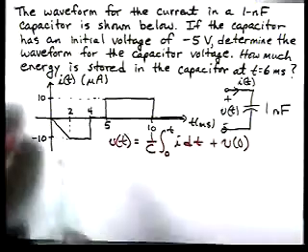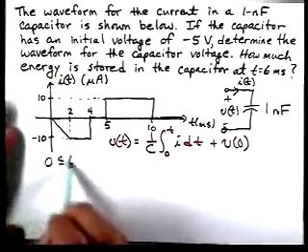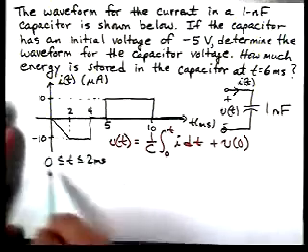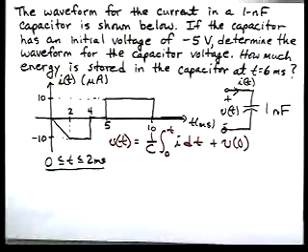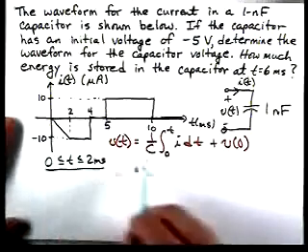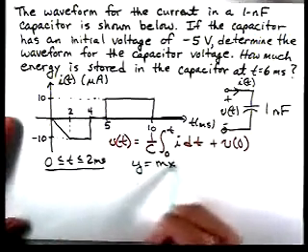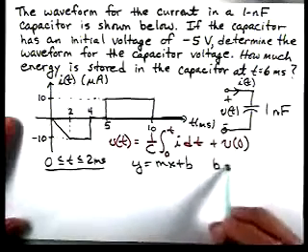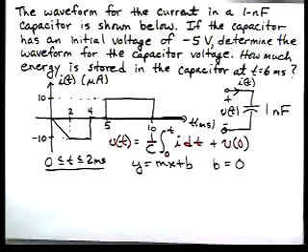So let's start first by describing the current waveform over the interval 0 to 2 milliseconds. Straight line, so we have y equals mx plus b. We know the y-intercept is 0 here.